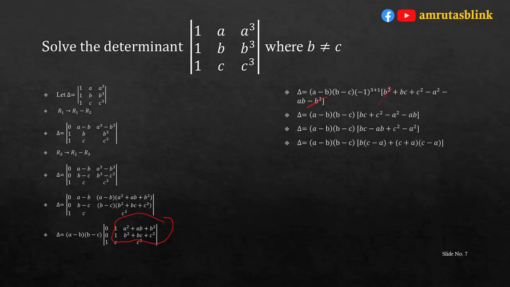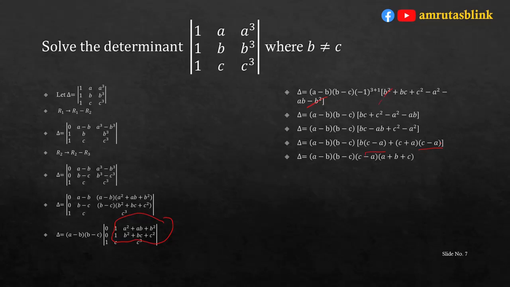So we have a minus b, b minus c as it is. Now bc minus ab, we can take b common. So into bracket c plus a, and c² minus a² can be factorized as (c plus a) into (c minus a). So we can take this c minus a common. So delta will become (a minus b) into (b minus c) into (c minus a) into bracket a plus b plus c.